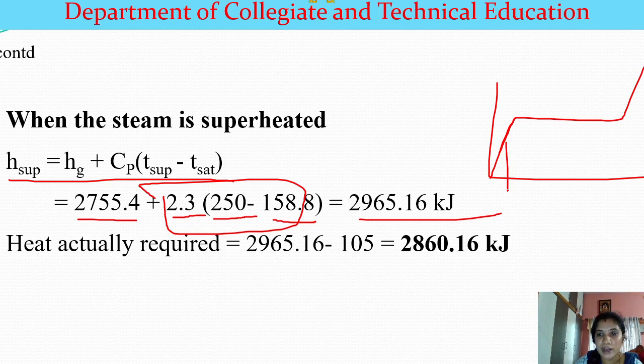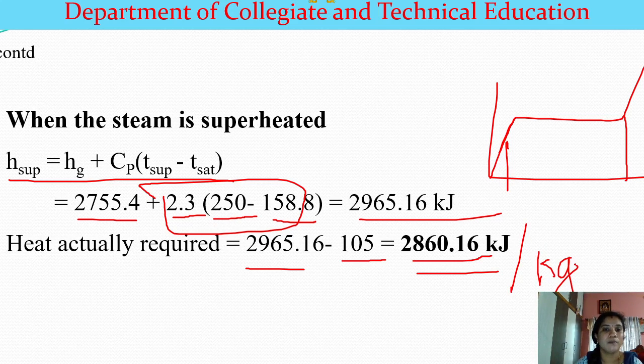But we are heating from, again I'm repeating once again, we are heating it from 25 degrees Celsius. So I'll subtract 105 kilojoules per kg of enthalpy from the obtained enthalpy. Then the actual enthalpy obtained was 2860.16 kilojoules. You can write kilojoules per kg. Since they have given it as 1 kg, there is no necessity of writing 1 kg. Even though you write 1 kg per kg, the answer is well and good.